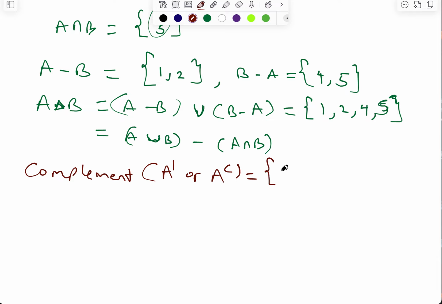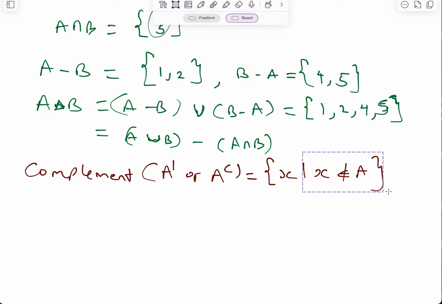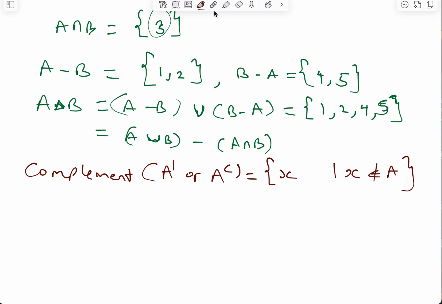It simply means the set of X such that X does not belong to A. But this time around, you have to think of the universal set, so X must belong to the universal set. You cannot define the complement of a set without considering the universal set. So X belongs to the universal set, but does not belong to A. Pick every other thing, and that will be okay.